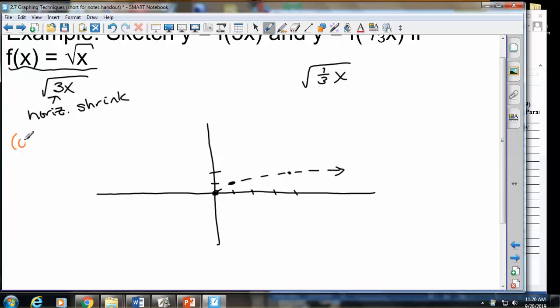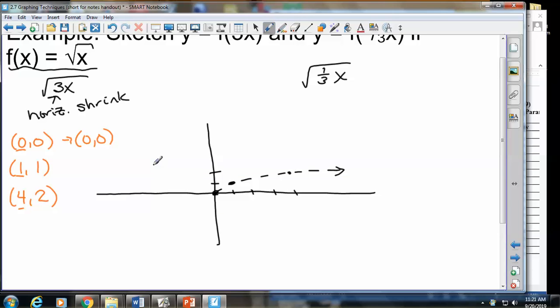So let's talk about this one. If you took those points, you wrote those out. This 3 inside changes x, but it's the opposite. So instead of taking my x's times 3, the opposite of multiplying by 3 would be divide. So it would be like dividing each of these x's by 3.